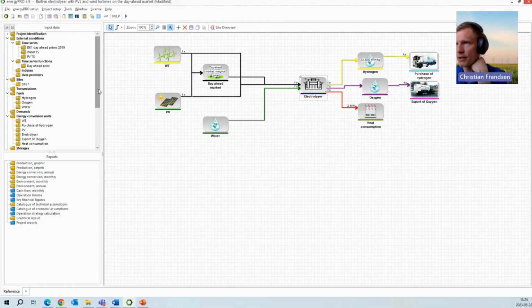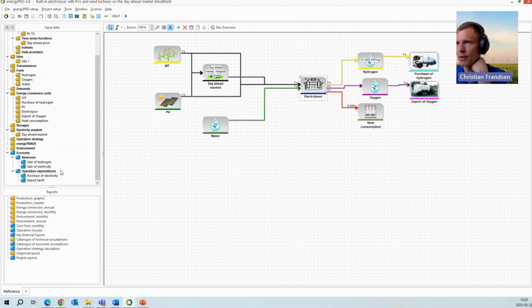So in the payments here, we have two revenues. We are selling hydrogen and electricity. Maybe this should have been instead of purchase, it should have been named selling or exporting of hydrogen. But we are selling hydrogen and selling electricity from the PVs and the wind turbines.